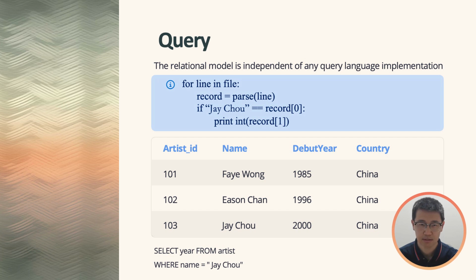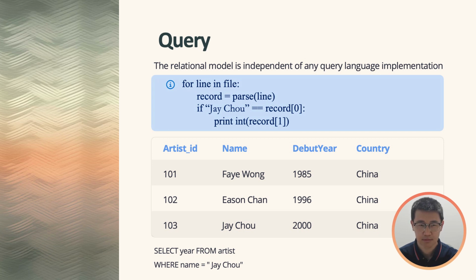We can query the data via a Python script. First, we go through each line of the file and assign the content to an array. When we find that the first element of the array is JCHO, we then print out its second element accordingly.